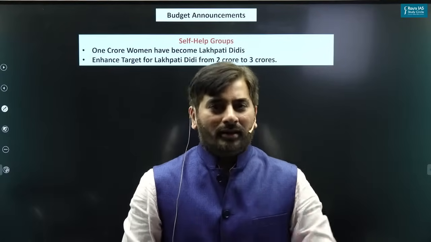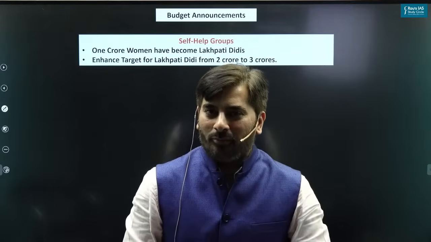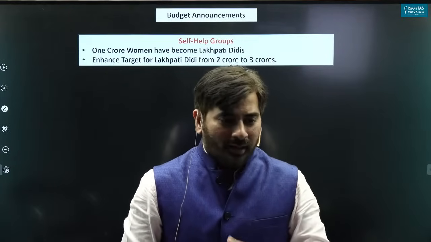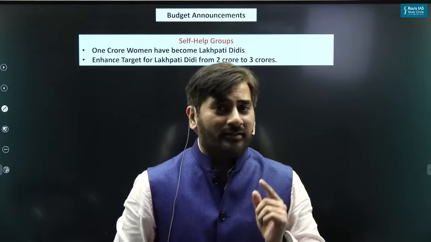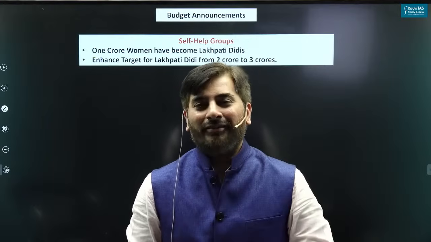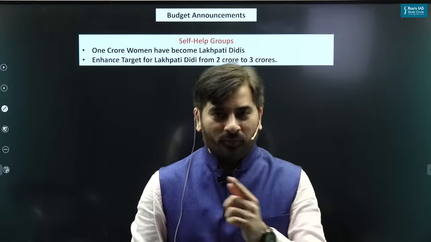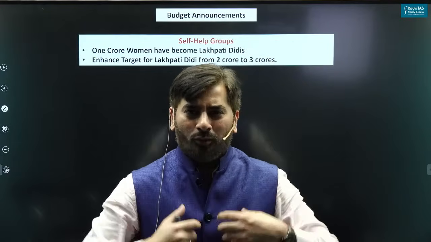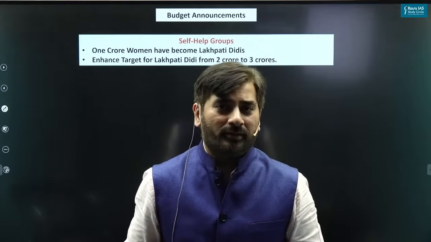Apart from that, the SHGs also take up certain employment opportunities, self-employment generation opportunities. The best known examples of SHG in India are SEWA, which stands for Self-Employed Women's Association, and Kudumbashree from the state of Kerala. This is what most of us know as basics related to self-help groups.